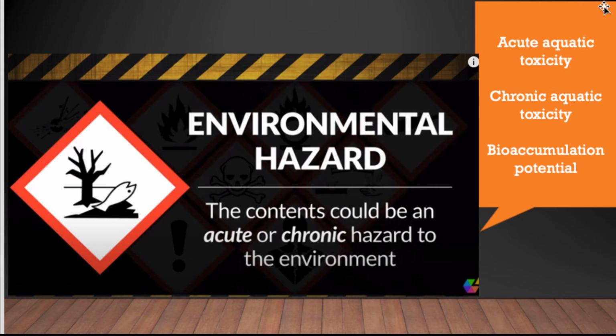So something like PCBs, which bioaccumulate in the food chain, would have the potential to, of course, cause chronic problems in the environment. And if you were listening to, or if you read the article on Silent Spring, you'll know that it was DDT that built up in the environment.